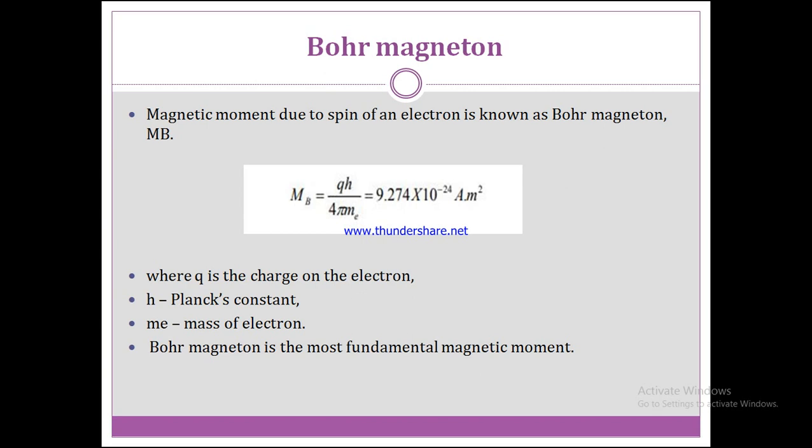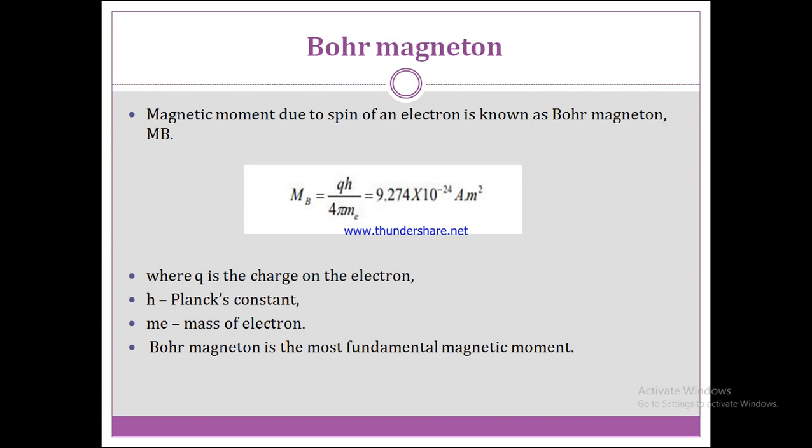We have an equation for MB, that is MB is equal to q into h divided by 4 pi me. Again we have to revise this one. MB is equal to q into h divided by 4 pi me.